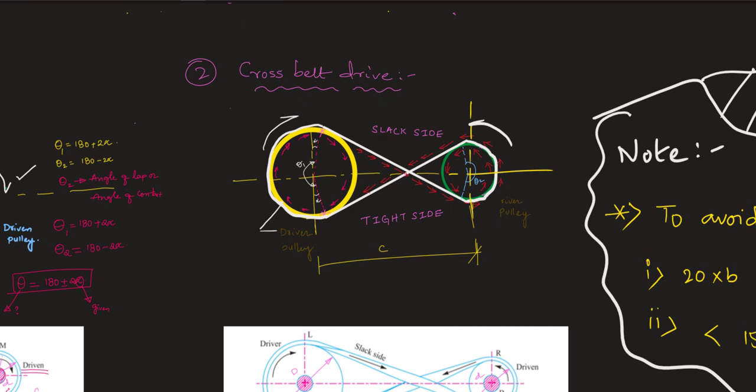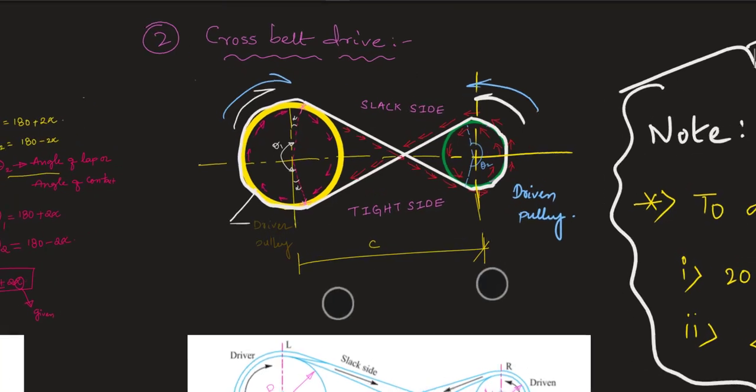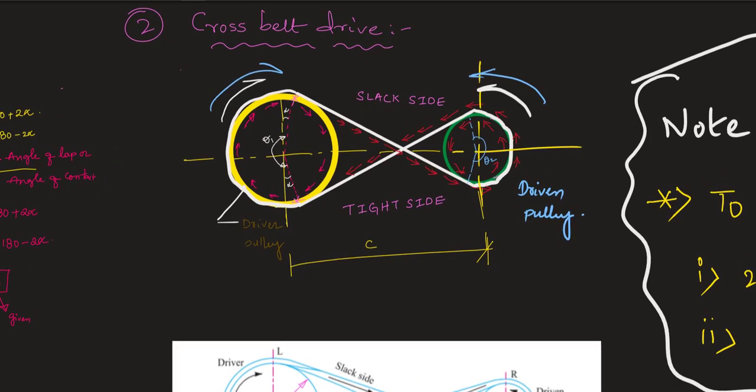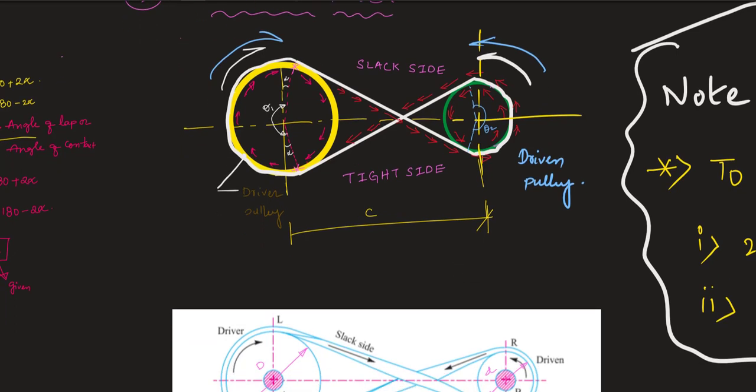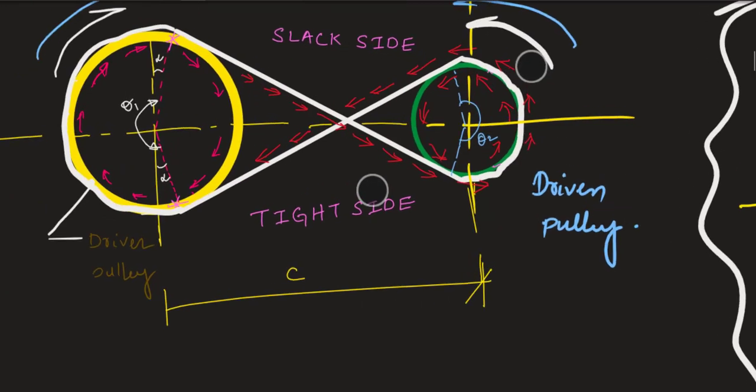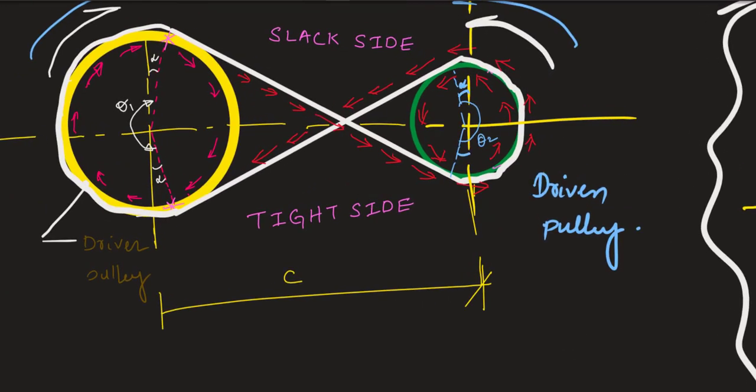A cross belt drive is preferred when the driver pulley rotates in one direction and the driven pulley in the other direction. Here the driver pulley is rotating clockwise and the driven pulley anti-clockwise. Also notice that in a cross belt drive, both theta 1 and theta 2 are the same. This is alpha and this is also alpha.